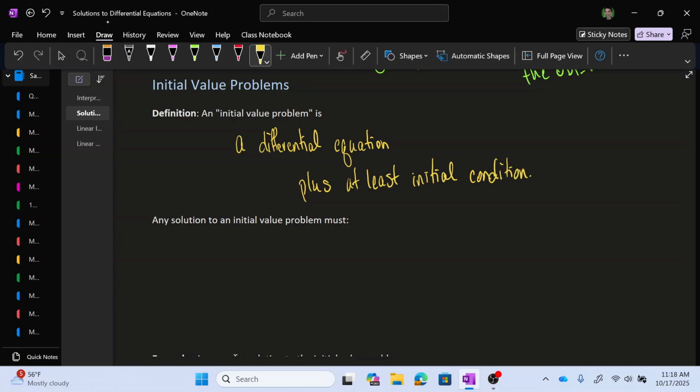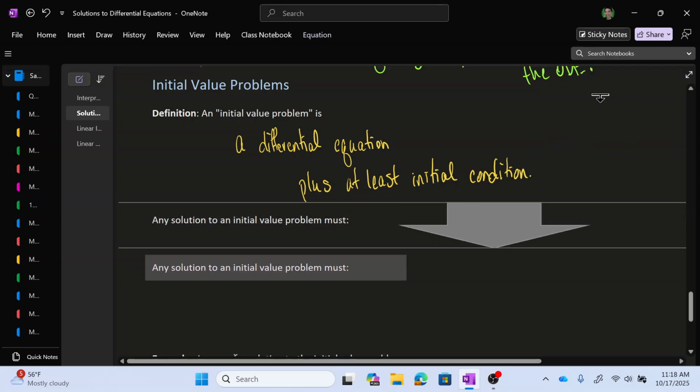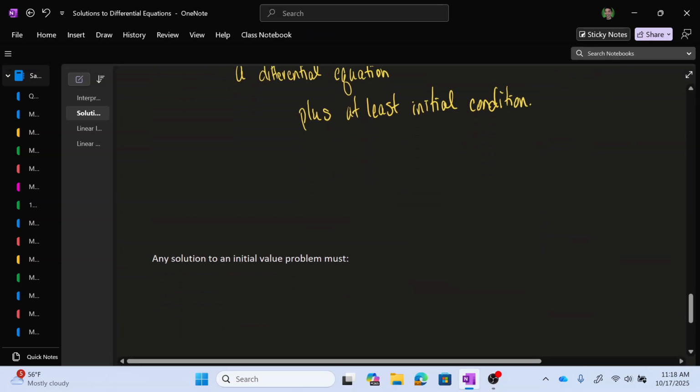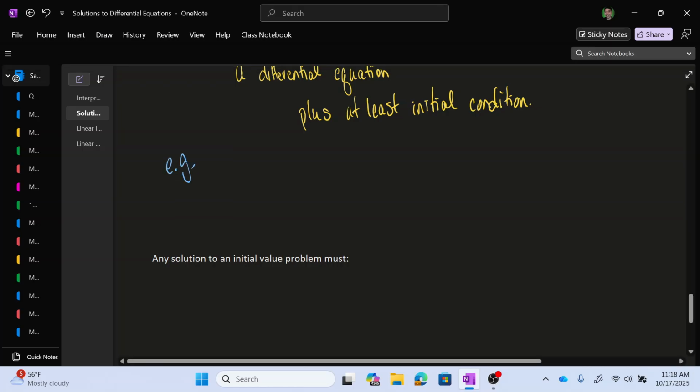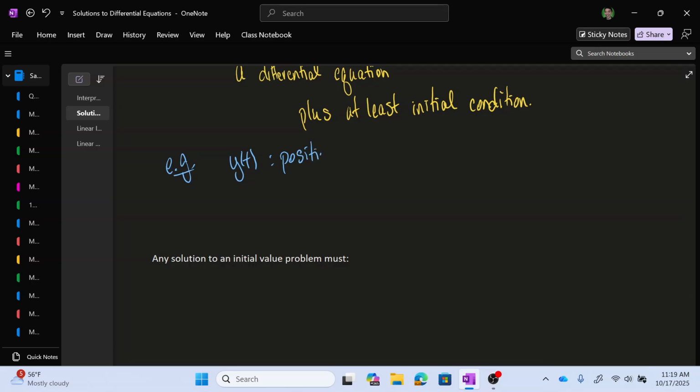Just to give you a simple physical example, we studied in lesson number 1 the differential equation that was associated with the spring mass system. So for example, with y of t being position, we found that mass times acceleration was equal to net force coming from the spring's restoring force and coming from air resistance or damping.